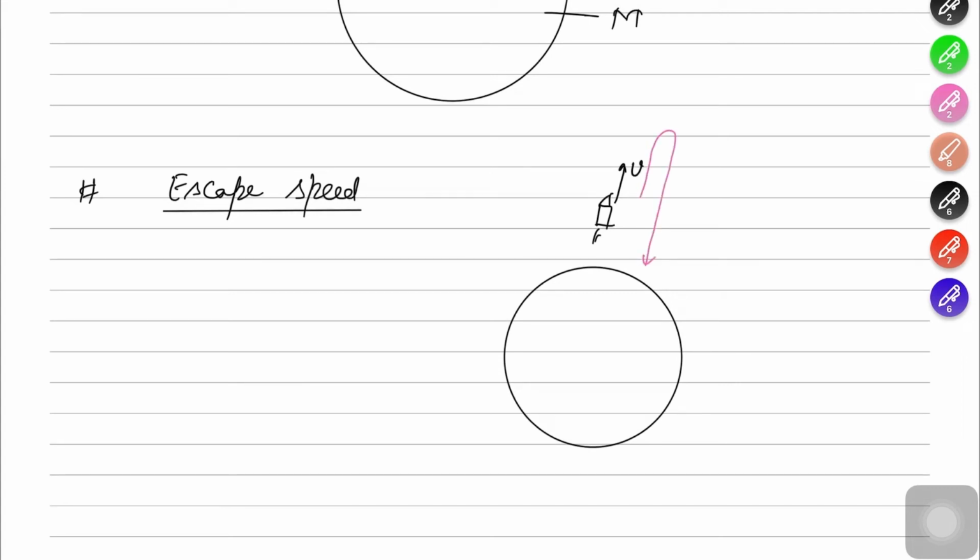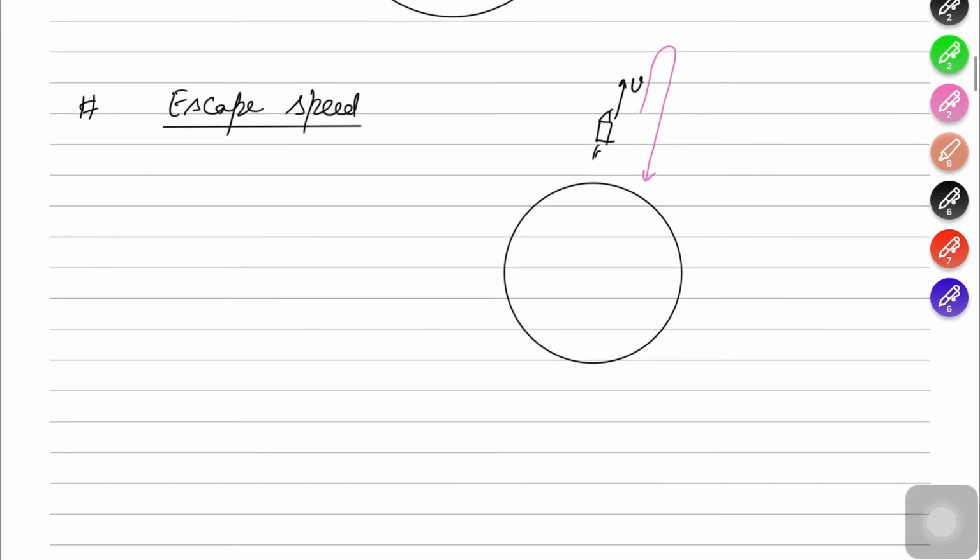If we throw a stone or something, we see that after going to some height it will come back. But if we throw with such a speed that it is not going to come back, that minimum speed at which we throw this projectile so that it does not come back to the Earth is the escape velocity.